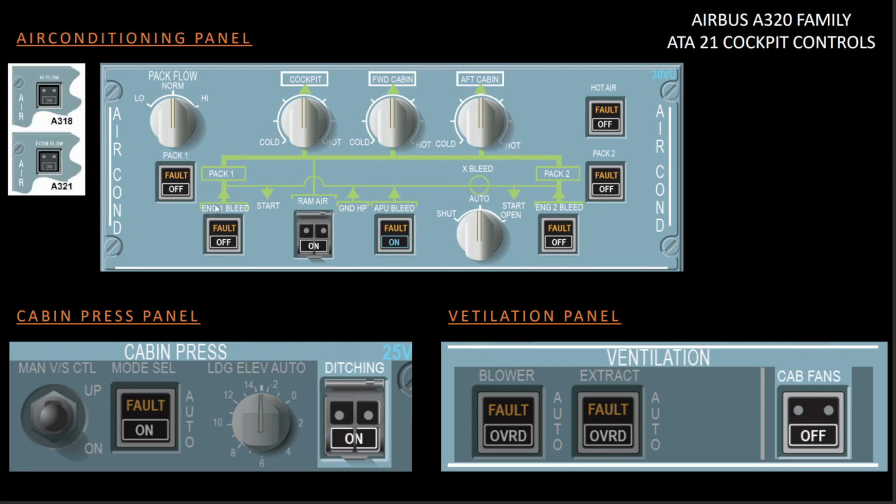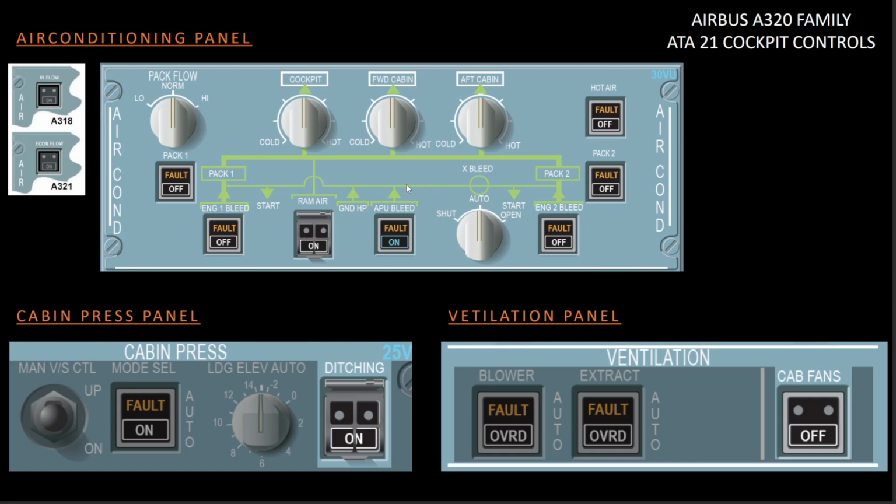Next one, if you have high pack discharge temperatures, if you can remember, there was a temperature sensor after the condenser before the mix unit, which was the pack discharge temperature sensor.